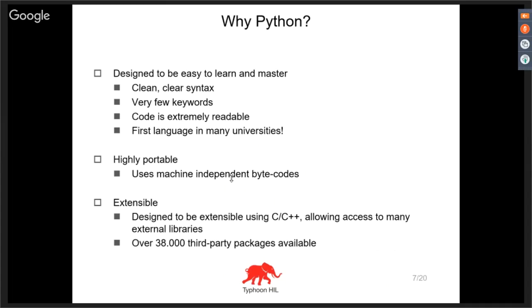There are very few reserved keywords, and the code is extremely readable. It's highly portable and extensible, so there are many external libraries with a very good community that supports them. Basically, there are over 38,000 third-party packages available.